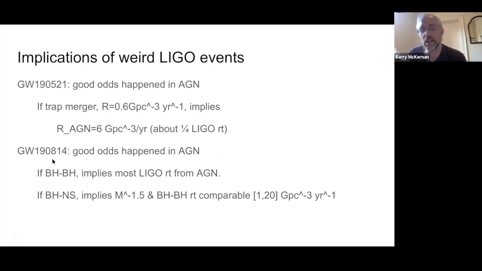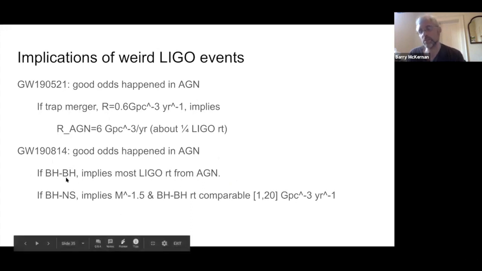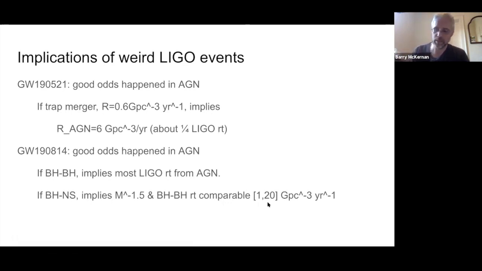If you think that GW190814 happened in an AGN, if it's a black hole merger, it implies most of what LIGO is seeing is coming from AGN. If it's a black hole neutron star merger, it implies a plain vanilla galactic nucleus with a little bit of mass segregation, and a black hole merger rate at a modest fraction of the total rate. Okay.